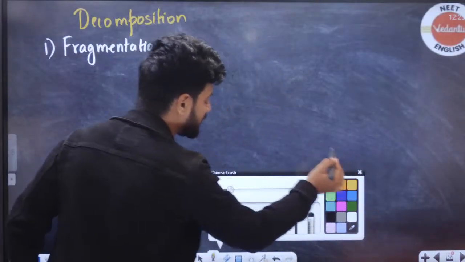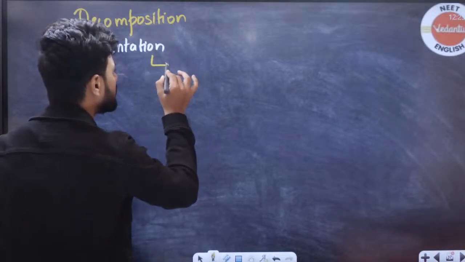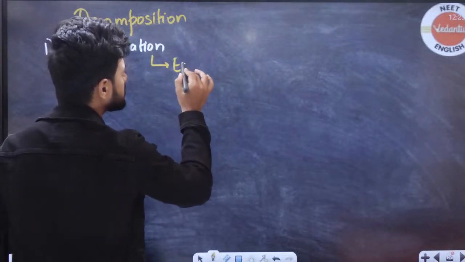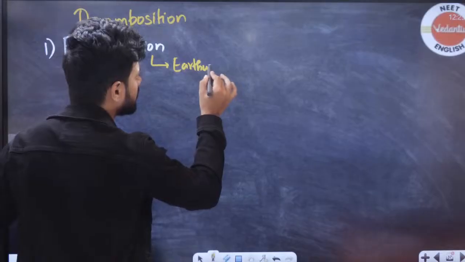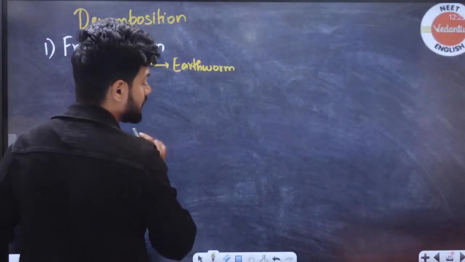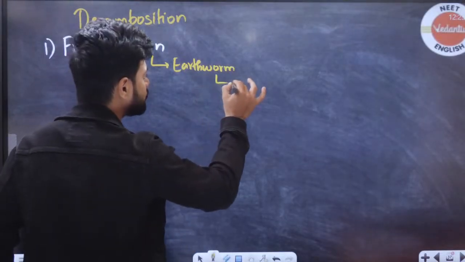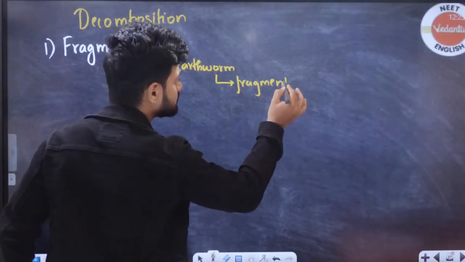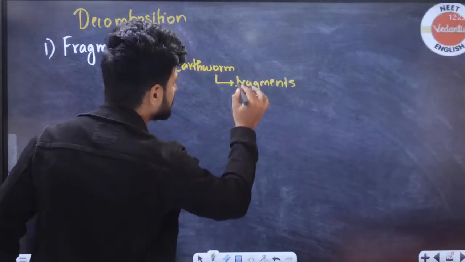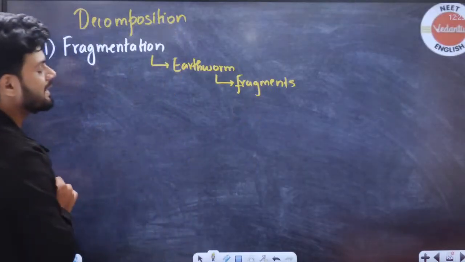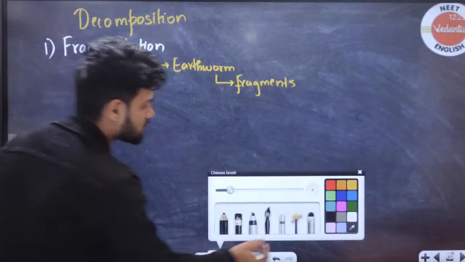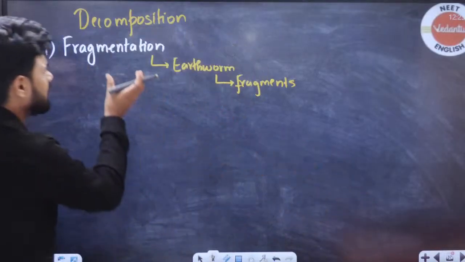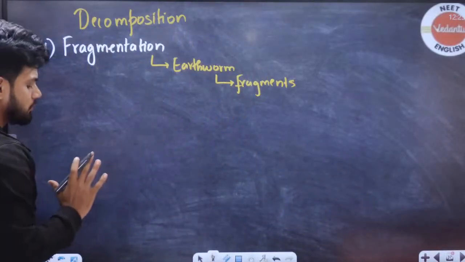In the case of fragmentation, a friendly earthworm is breaking the detritus into fragments. That is called fragmentation. Obviously, the name is fragmentation, so fragments should be formed.